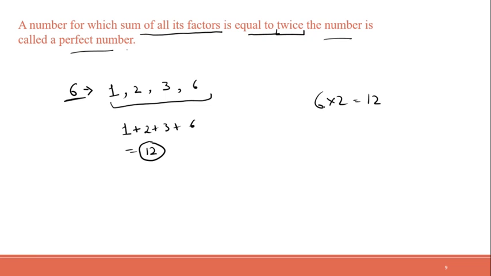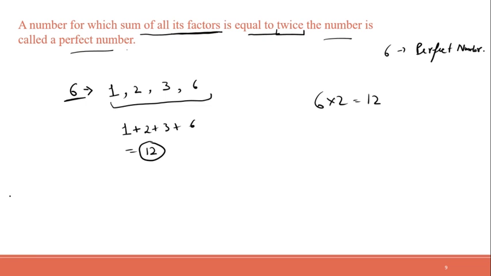So it is what is written here: a number for which the sum of all its factors is equal to twice the number is called a perfect number. That means this 6 is a perfect number.